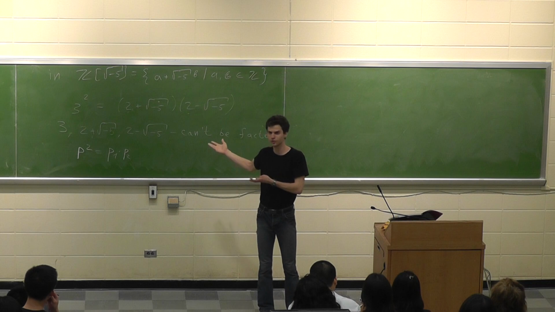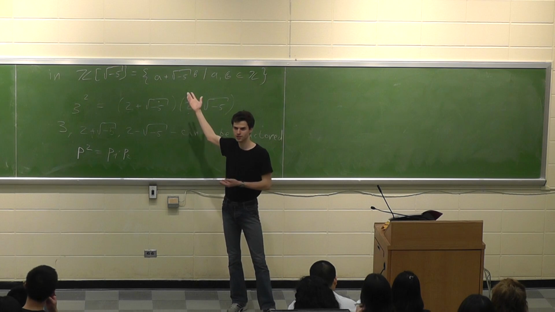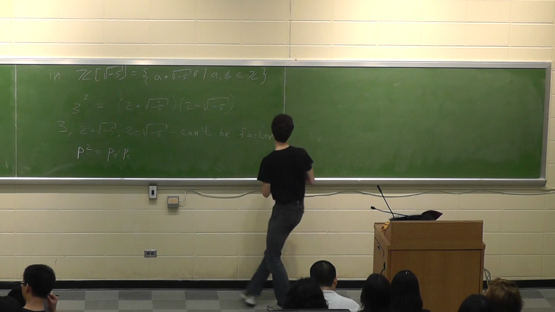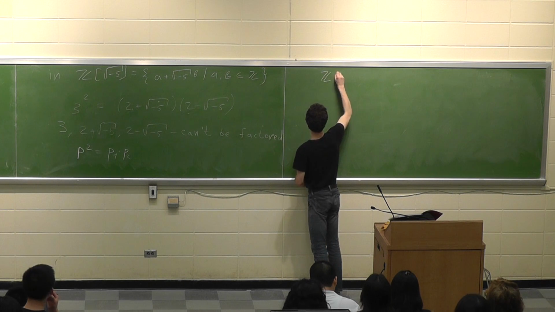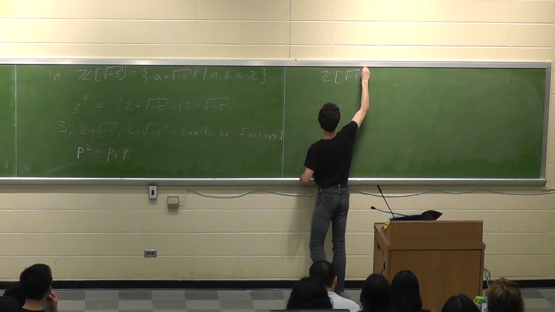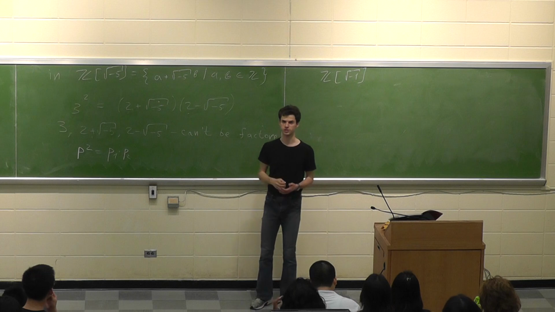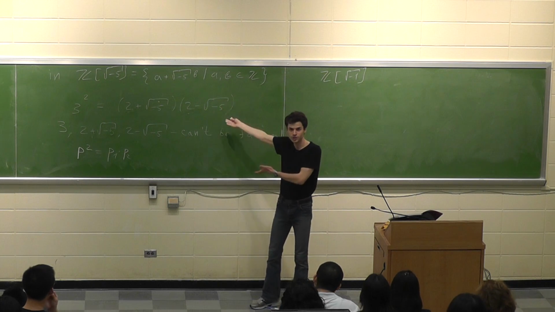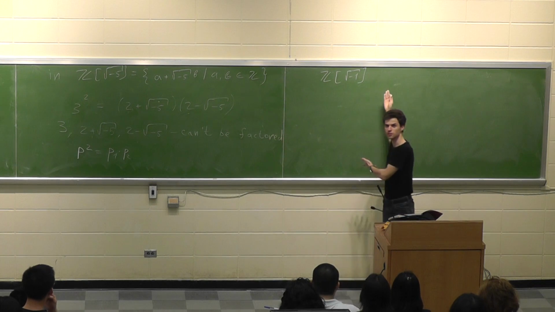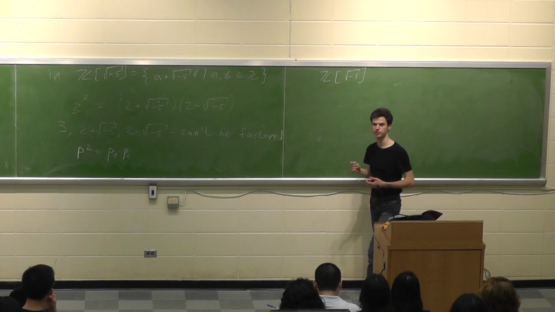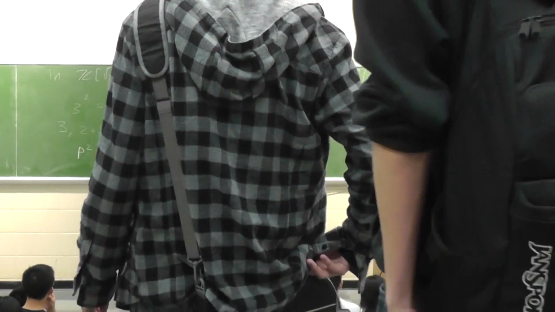It's not automatic that in this kind of integers we have unique factorization. In fact, here we don't. So what is the reason why here we don't? Today I'm going to discuss this question.